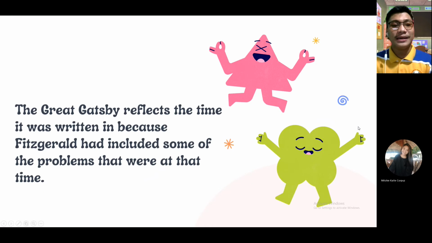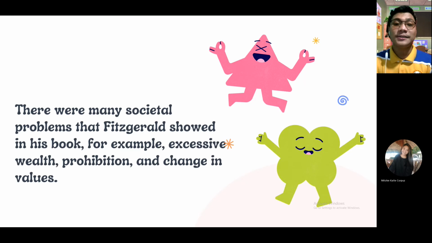The Great Gatsby reflects the time it was written in because Fitzgerald included some of the problems of the time. There were many societal problems that Fitzgerald showed in his book, for example, excessive wealth, prohibition, and change in values.